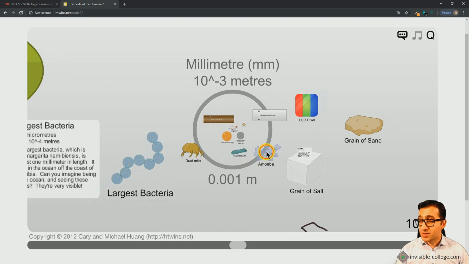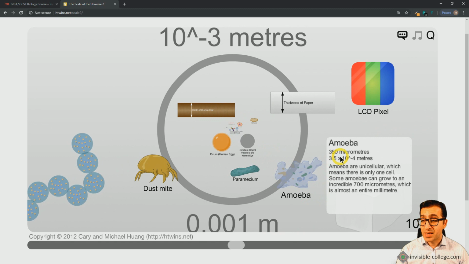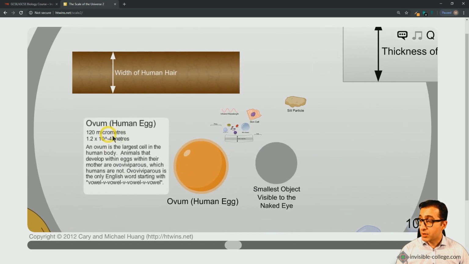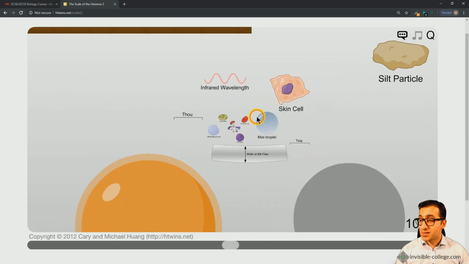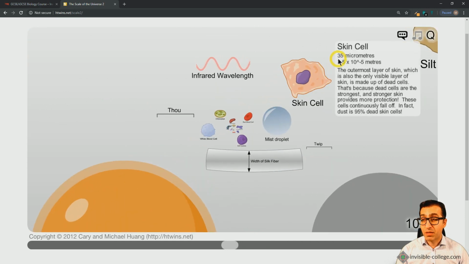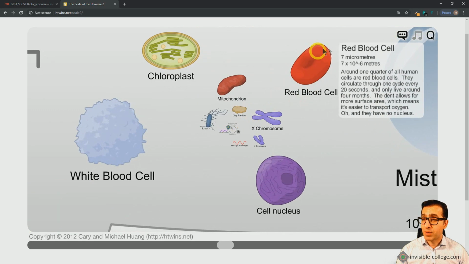So if we go smaller still, the size of an amoeba is 350 micrometers. The human egg, about 120 micrometers on average. And then we get to a skin cell, around 35 micrometers. Now we get down to the size of a red blood cell, so about 7 micrometers.